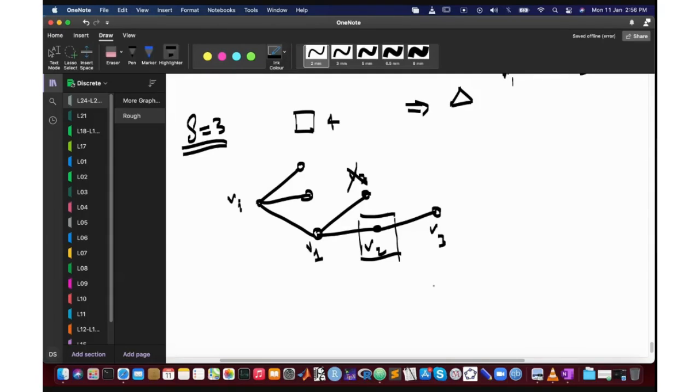Okay, and we can say the same thing about V3, that V3 has three neighbors. One of them is different from V2 and V1.